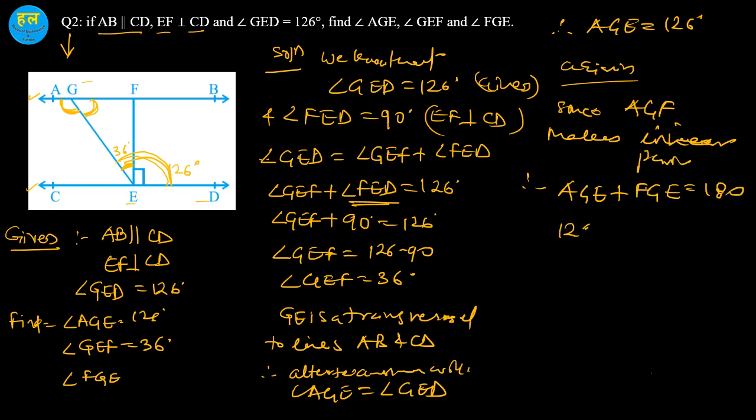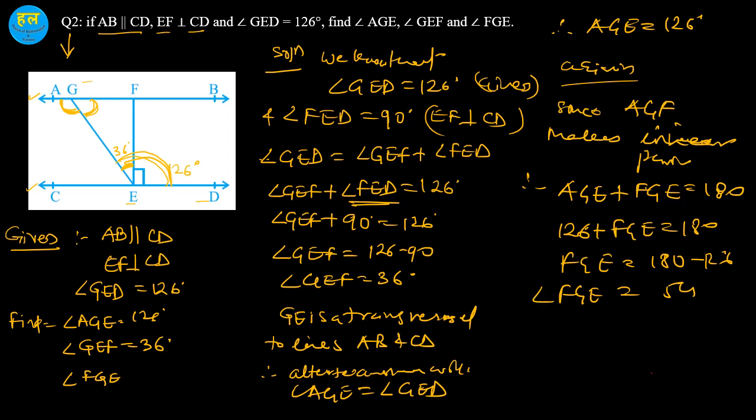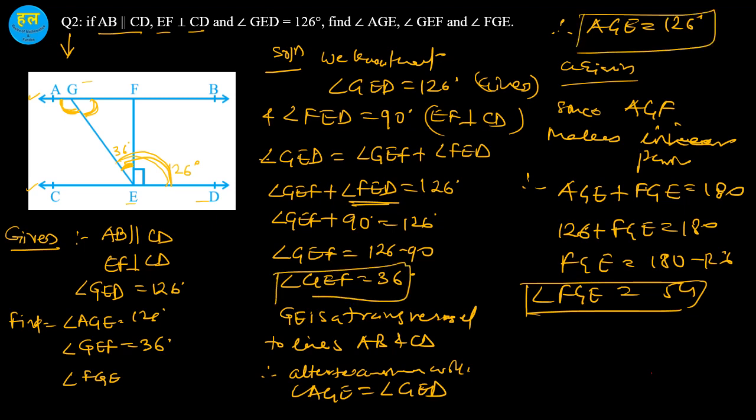We know AGE is 126 plus FGE is equal to 180 degree. So FGE is equal to 180 minus 126 is equal to 54 degree. FGE becomes 54 degree and AGE becomes 126 degree and GEF becomes 36 degree. Hence proved.